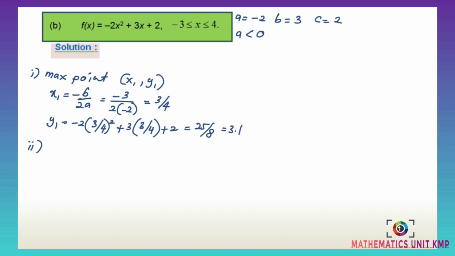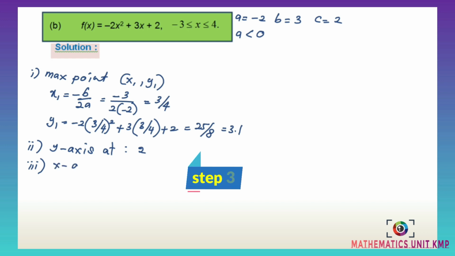The second step is to find the y-axis intercept. The value of c equals 2. And the third step is to determine the x-axis intercepts.